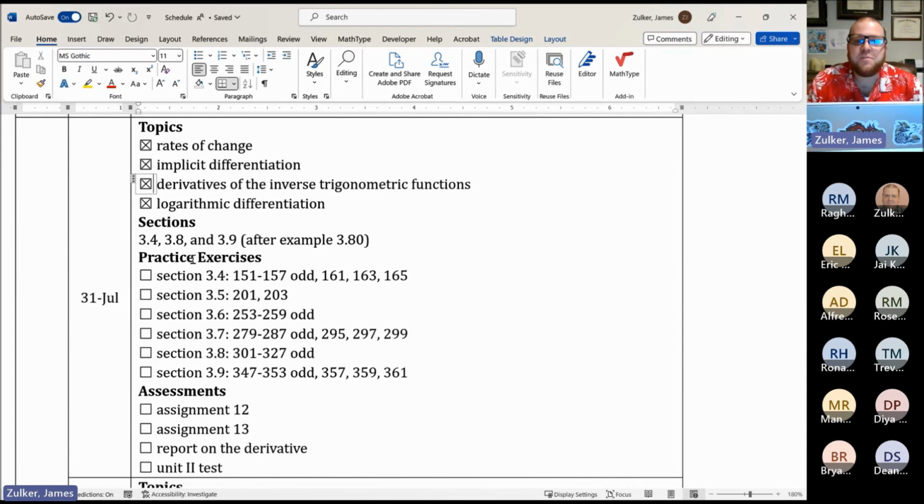We'll look at the linear approximation, which gives us a cool way of approximating certain values. So for instance, we can use a linearization to approximate the value of the square root of 4.1, for example. And then we also look at a method of approximating the roots of a function called Newton's method.